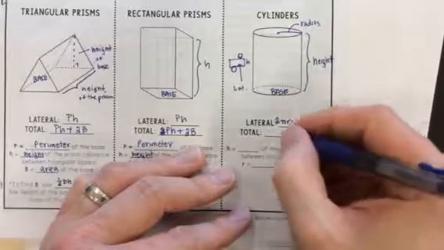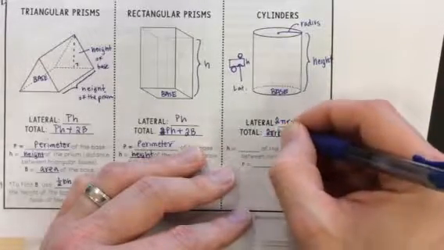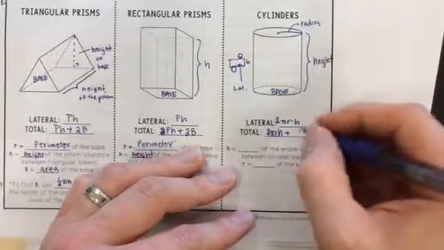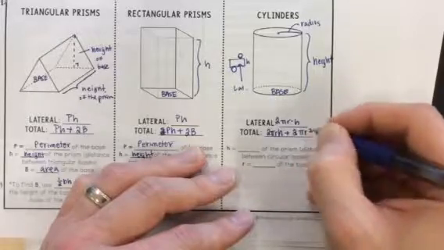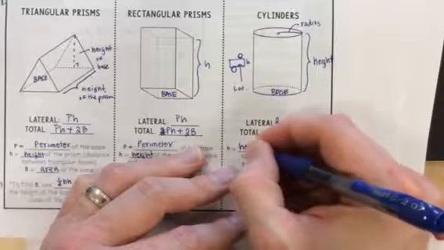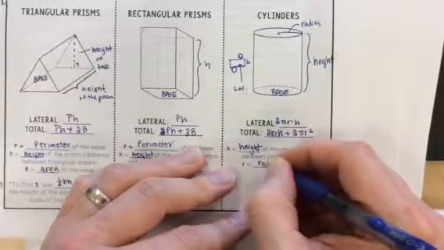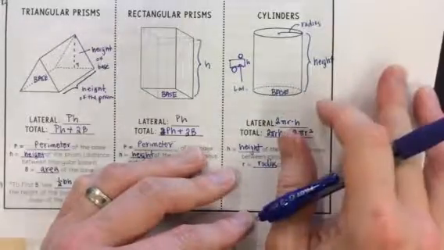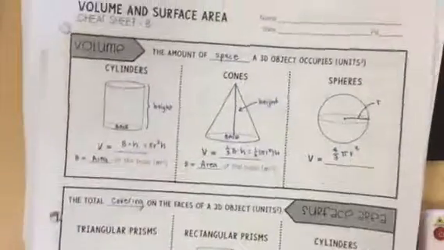And then the total here, that would be the lateral, which is 2 pi r h, plus you've got 2 bases that you need to find the area of, so 2 pi r squared. And again, h in this case is the height of the cylinder, and r is the radius of the base. Again, I would probably encourage you to draw a net of those. So I'm going to stop it here, and in a second we can do the other one.